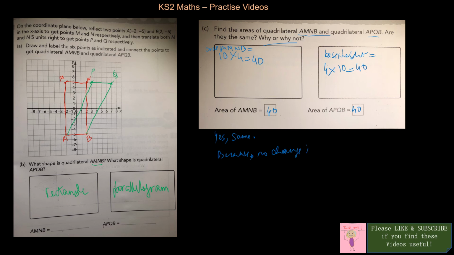In a quadrilateral you have height, in a rectangle you have breadth. So no change in height or base. That's why it's the same. Okay.